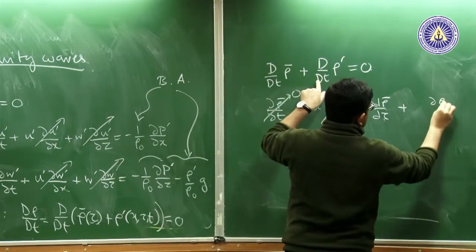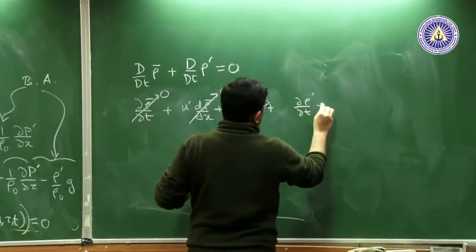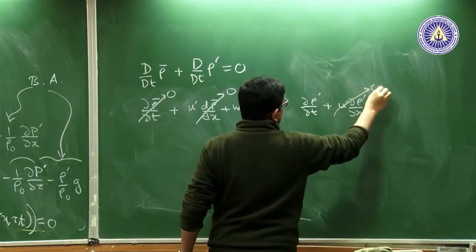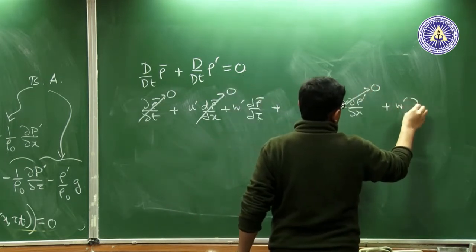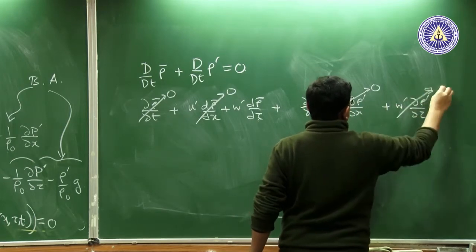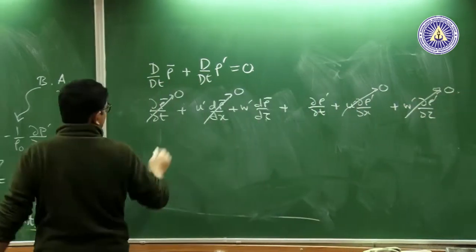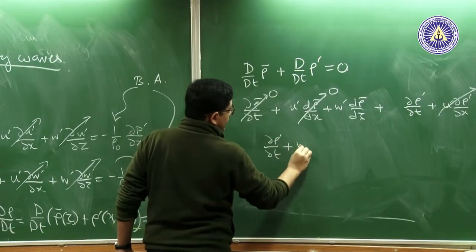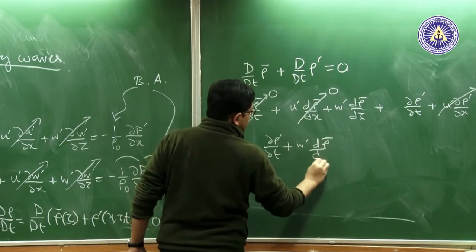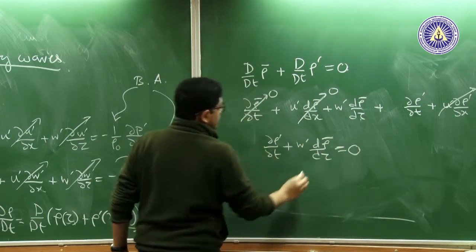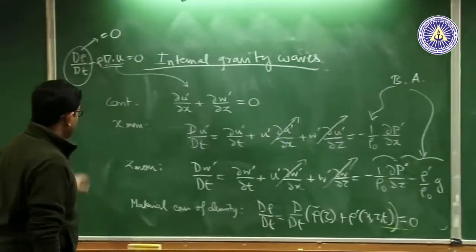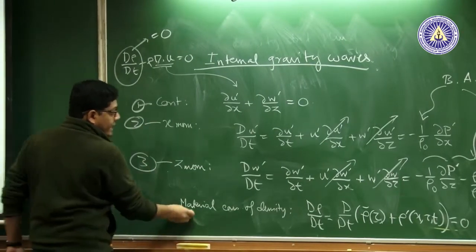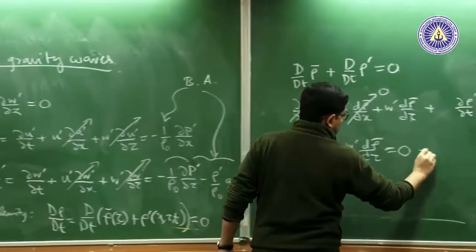And this one is del rho prime del t plus u del rho prime del x, non-linear, gone; non-linear, gone. So, what survives from here is del rho prime del t plus w prime d rho bar dz equals 0. So, this is your continuity, call it 1, 2, 3, and I will call this one 4.